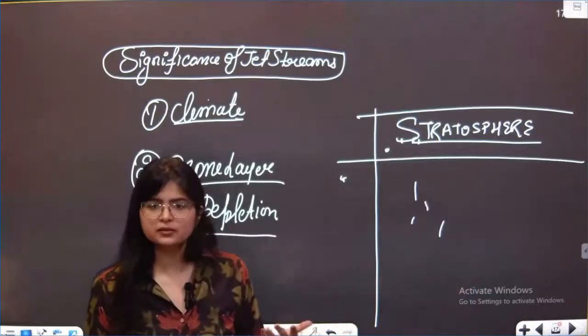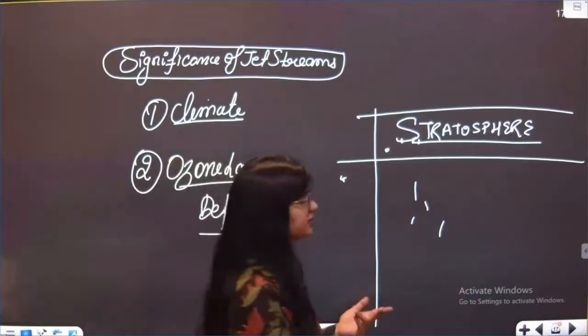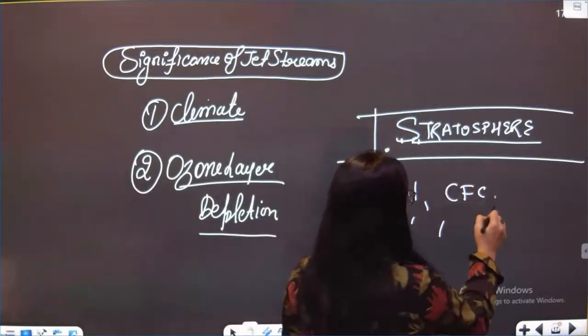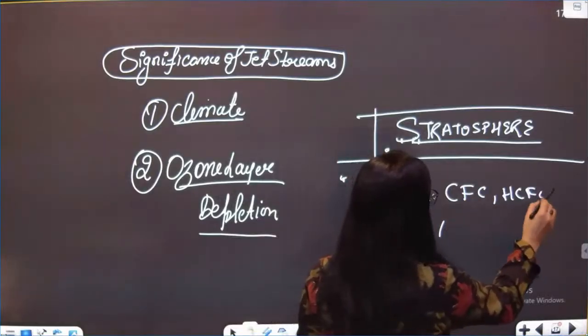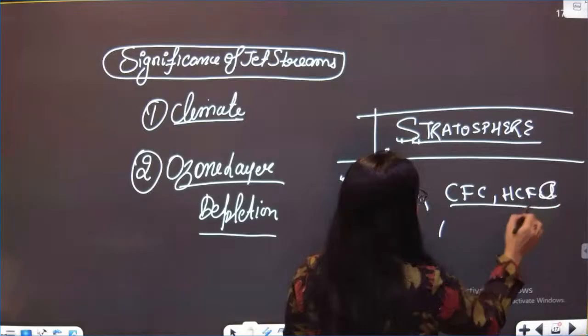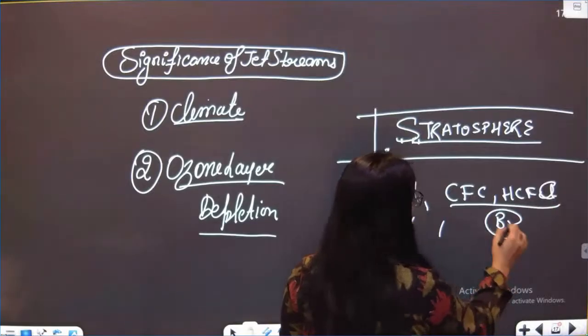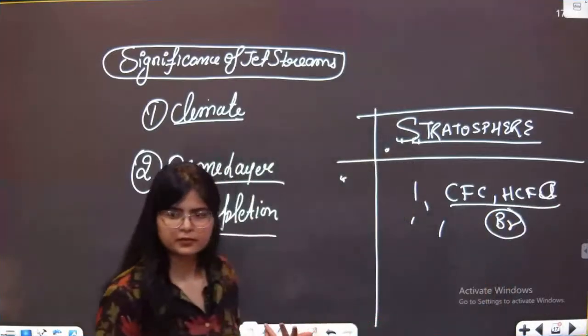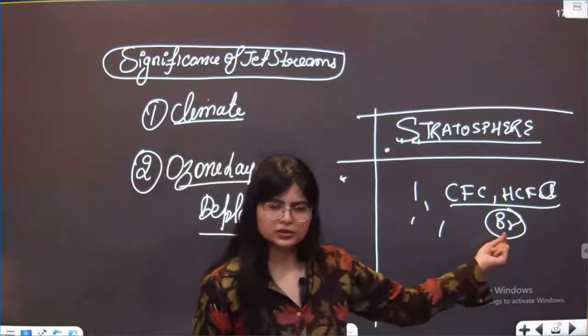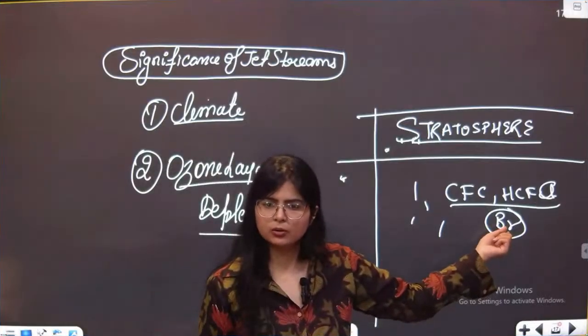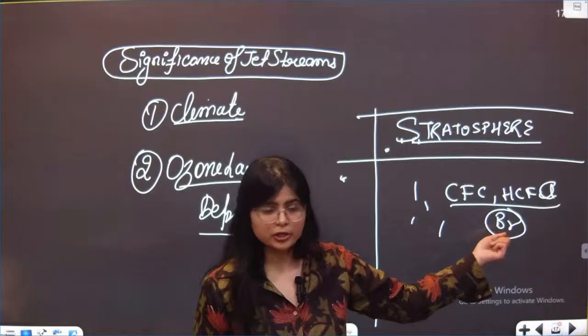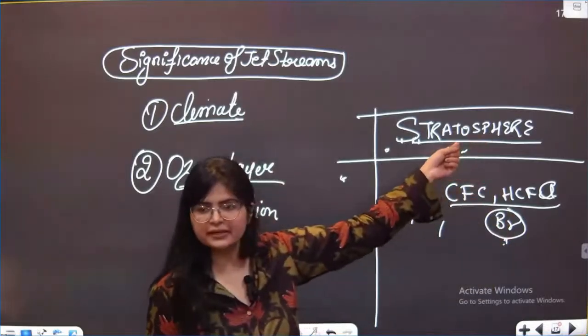Such as CFC, HCFC, and bromine. What will they do? They are responsible for pollution. How will they deplete the ozone layer here?